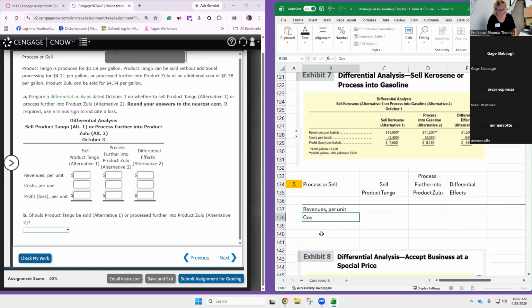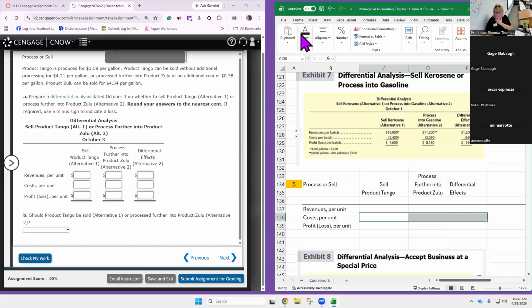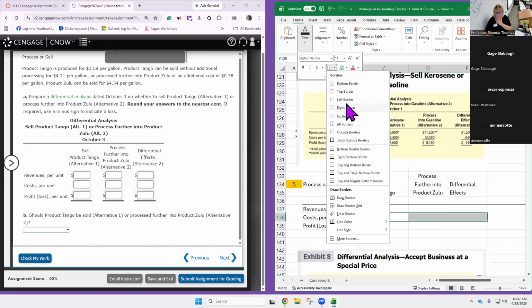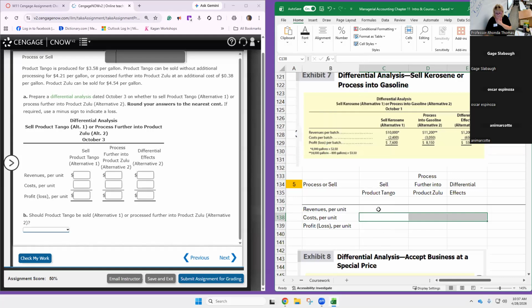So sometimes you got to get it down to that for some of this. And then profit or loss. And we need an equal sign here.